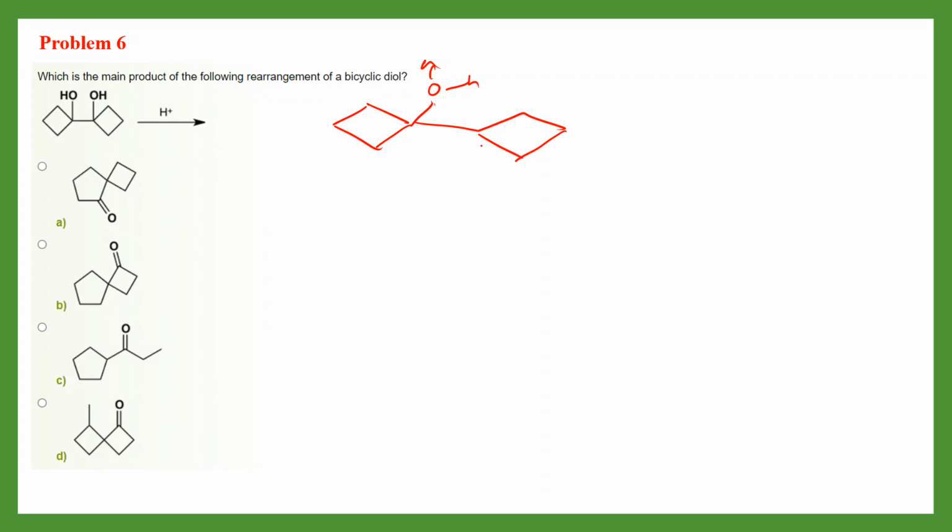You have to do rearrangement until your carbocation gets maximum stabilization. Here the OH2 positive will come, and the carbocation will form. Now what will the next step be?